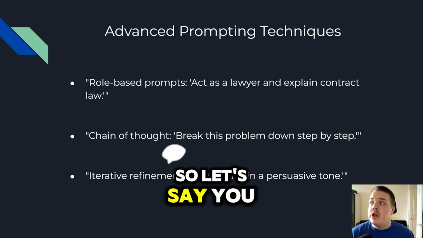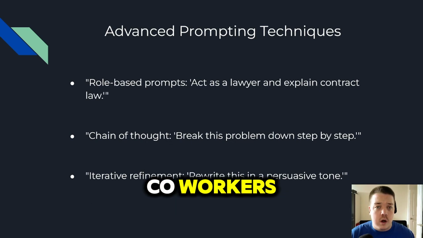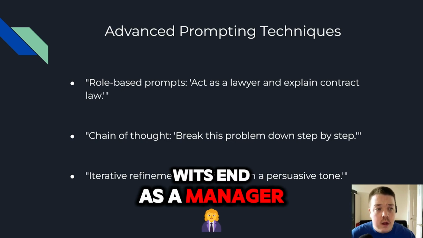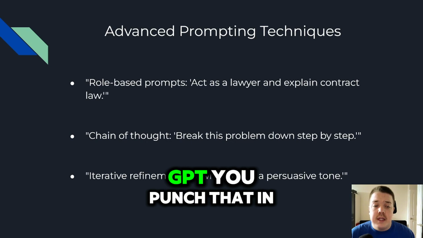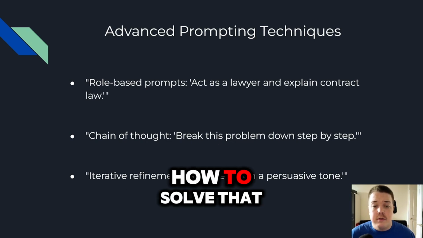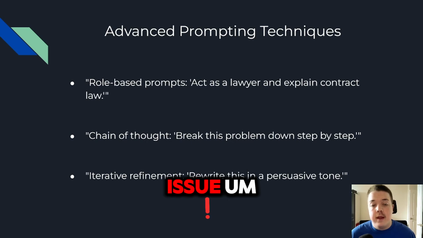So let's say you have a dispute between two coworkers and you're at wit's end as a manager. You open up ChatGPT, you punch that in, and it gives you a full breakdown of how to solve that issue.